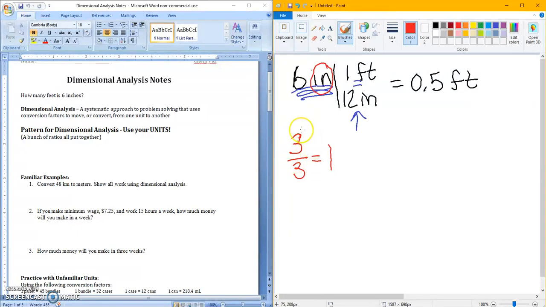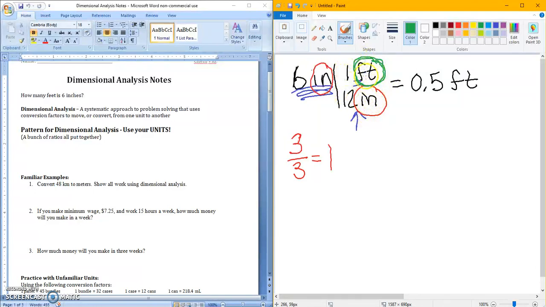So if I take something and divide it by the same something, I get 1. It works the same for units. If I take inches and divide by inches, inches cancels out and goes away. That unit is no longer there. So then I'm left with feet, or the unit that I want left over. It's the only unit left.